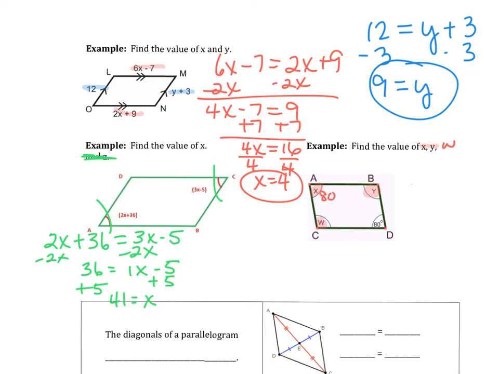The other property of parallelograms is that we're going to use consecutive angles. Angle B and angle D are consecutive. So x plus 80 is equal to 180. X has to equal 100. I guess I should make that a y. So y plus 80 equals 180. So y is equal to 100. And then I'm going to use that other property where opposite angles are congruent. So w also equals 100.